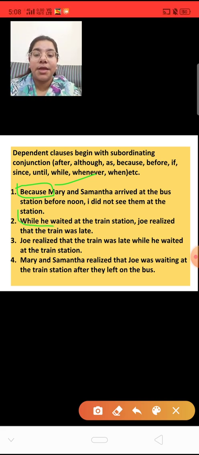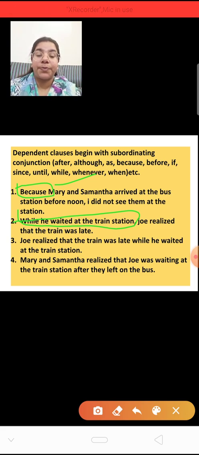Now this is a dependent clause because it is starting with the word while, a subordinating conjunction. But it is a complex sentence because here we can see a main clause, that is, Joe realized that the train was late.